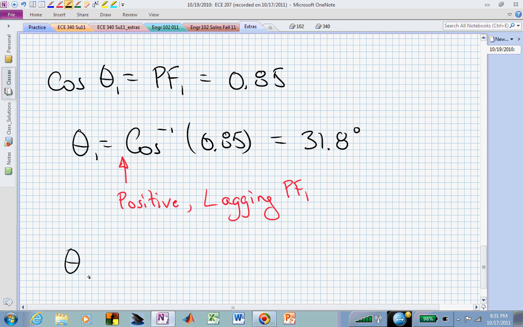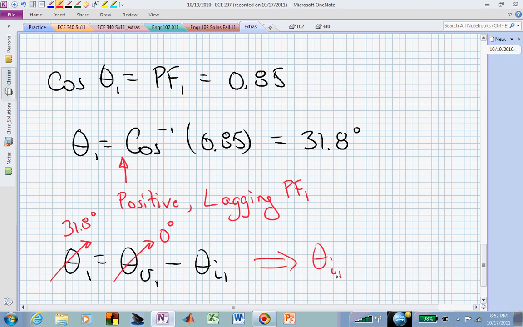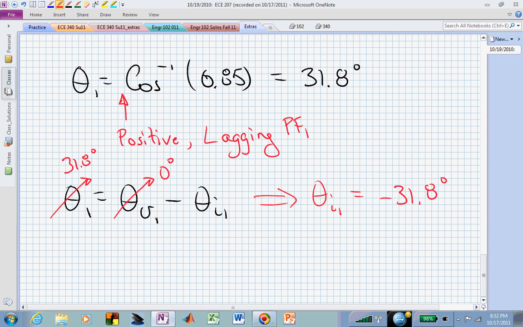Now we know theta 1 is the difference between the voltage angle of that load and the current angle of that load. We've just computed theta 1. That's this 31.8 degrees. We know what the voltage angle was. That was 0 degrees, and now the only unknown is theta sub I1, and this now becomes minus 31.8 degrees, and that's now the current angle of our system.